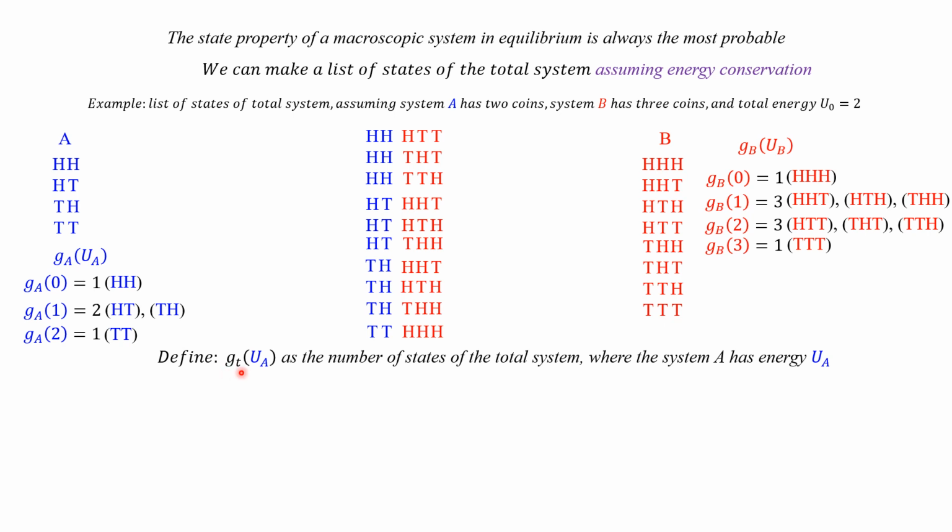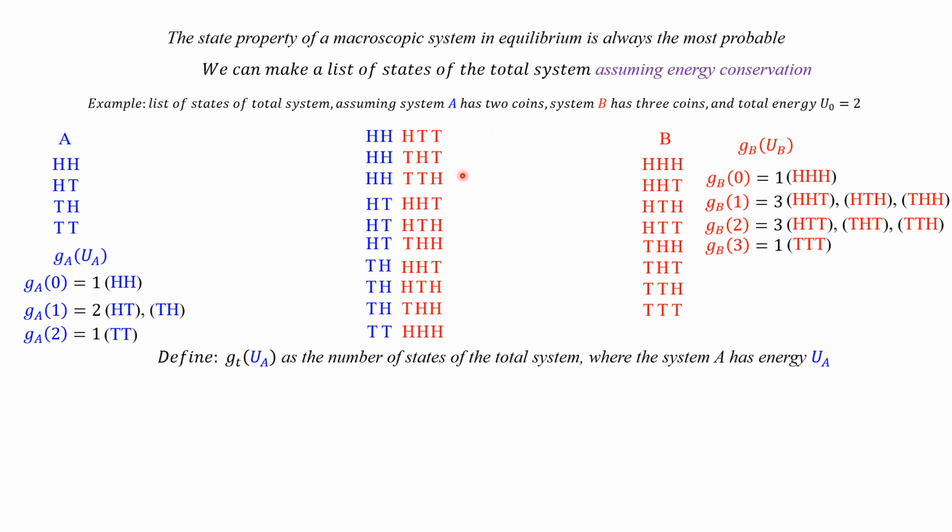So T here is for total. So recall that the multiplicity of system A is defined as a function of the energy of system A, and the multiplicity of system B is defined as a function of the energy of system B. But it does not make sense to define the multiplicity of the total system as a function of the energy of the total system, because this energy is conserved.